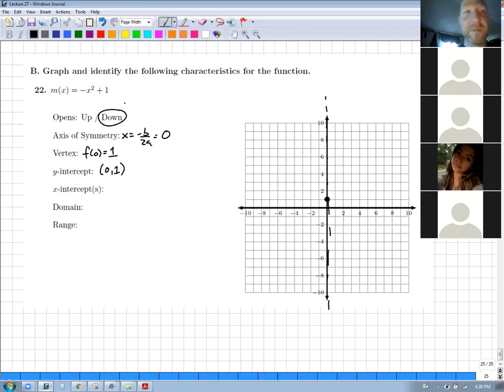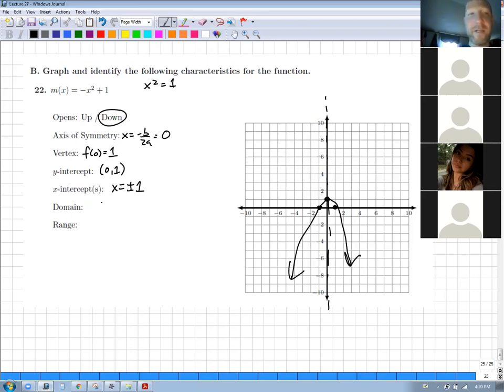So this thing's going to open downward. The y-intercept is at (0, 1). The x-intercepts, if we set this equal to 0, we would have x squared equals 1, right? So the zeros are going to be at positive and negative 1. We know it goes through there, and we know it opens downward.